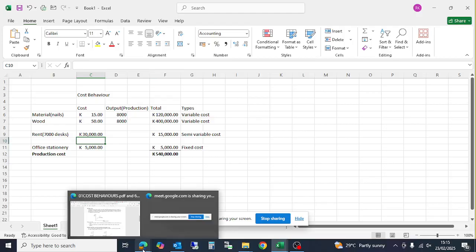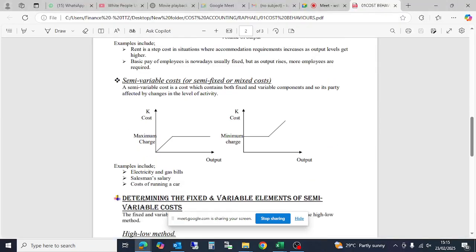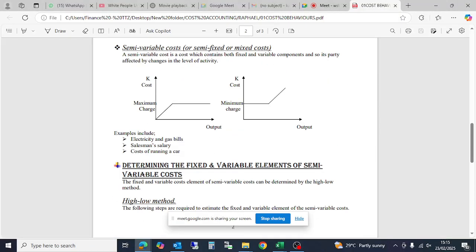A step cost happens more often, while a semi-variable cost has two components, fixed and variable. An example is this: as you can see here, it's variable, and then here it becomes fixed, and this is fixed and it becomes variable. And yes, it can also be the other way around.